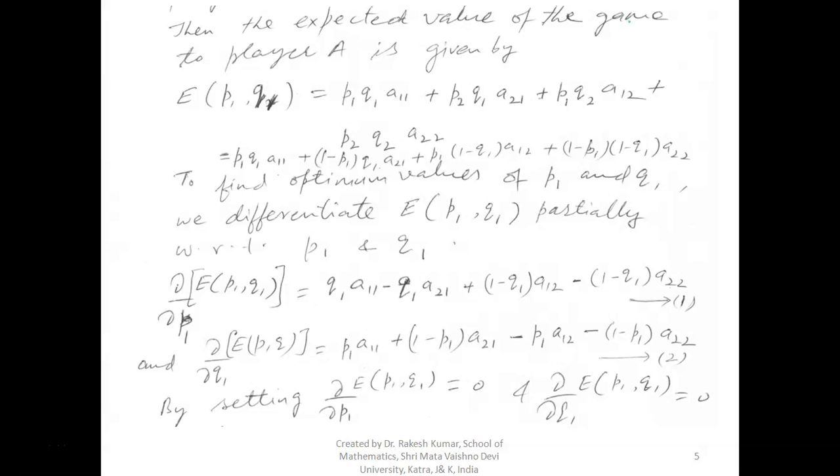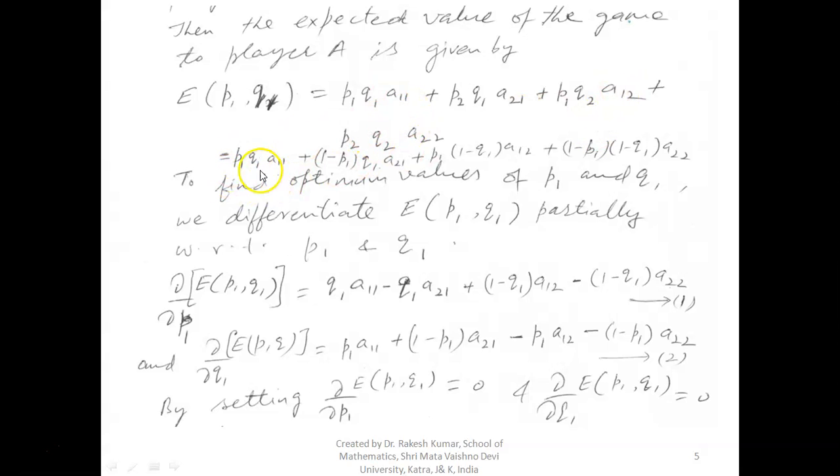Similarly, I have written all this by simply using the definition of expectation. All these possibilities are written and summed up. So this gives me the expected payoff to player A when both the players play their strategies with respective probabilities.